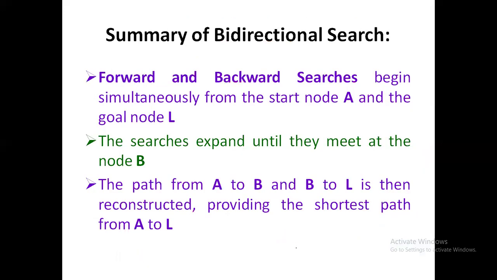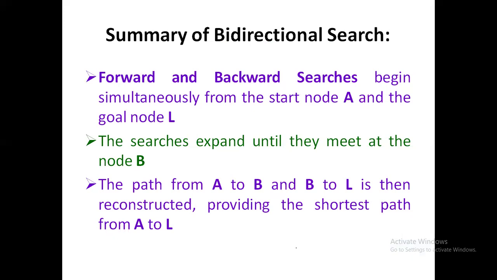So coming to the summary of bidirectional search: simultaneous forward and backward searches have been done. The search starts from both A and L, reducing the total number of explored nodes. Meeting at point B: instead of searching the entire graph, the searches meet in the middle at B. And efficient path reconstruction has been done.